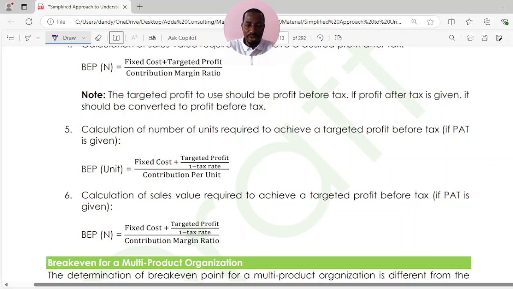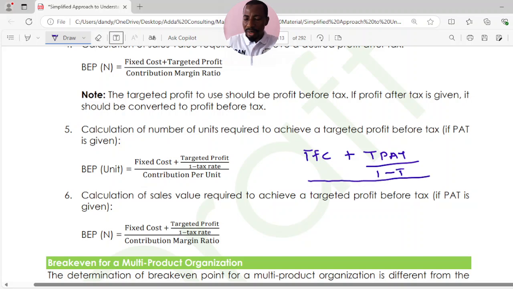So your total fixed cost plus targeted profit after tax as given to you, then divide by 1 minus tax rate, then all divide by contribution margin per unit. So this will give us the break-even points in units to earn a targeted profit after tax, because you don't use profit after tax. It has to be profit before tax, and that's why we are converting the profit after tax to profit before tax.